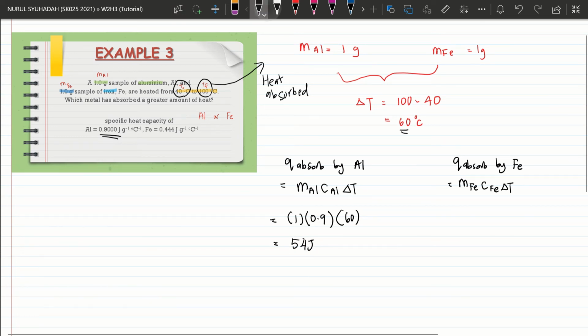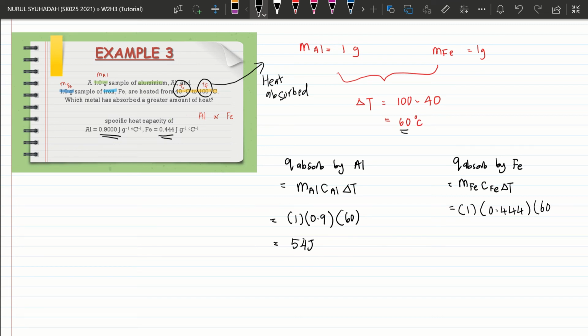And then do the same calculation for iron. So mass of iron is 1 gram. Specific heat capacity given here is 0.444 joule per gram per degree Celsius, and the delta T is the same, 60. And you will get the heat absorbed by iron as 26.64 joule.